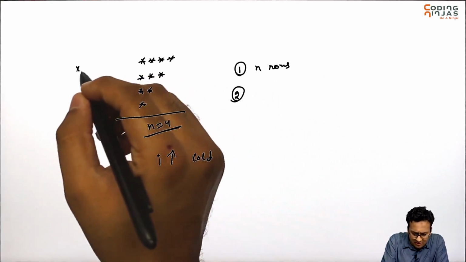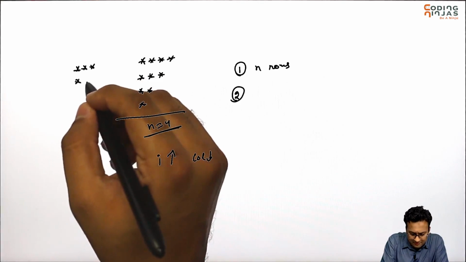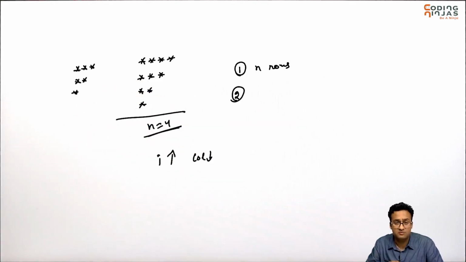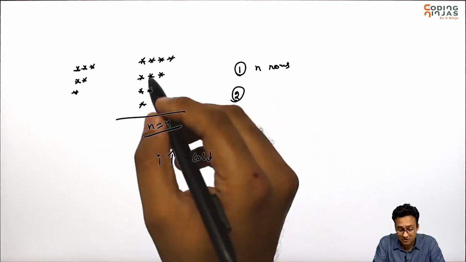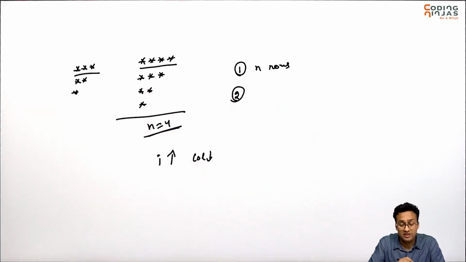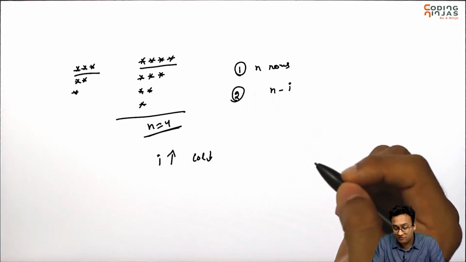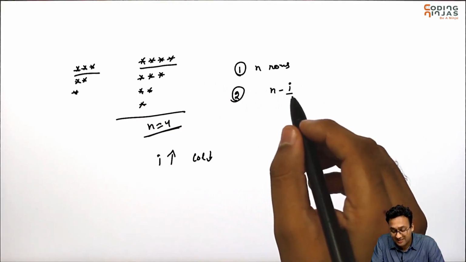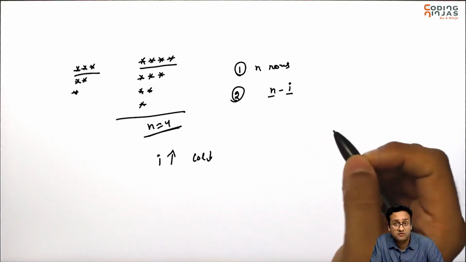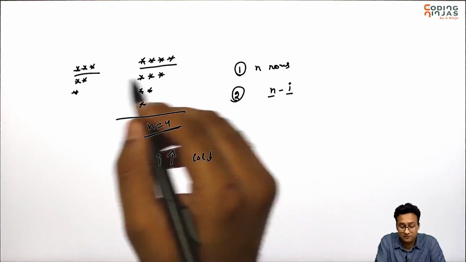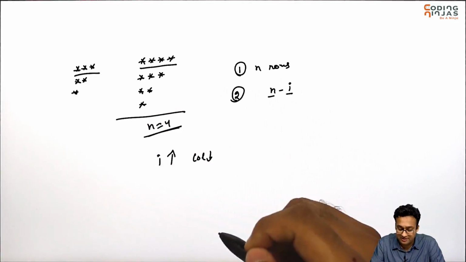And if n was 3, this would have been the pattern, right? So obviously it depends upon n as well. In the first row, here you have 4, here you have only 3 stars. I would have tried with n minus I. Why n minus I? Because as I is increasing, columns need to decrease. And as n is increasing, the number of columns is higher, right? So here you have 4, here you have 3. Let's try this.